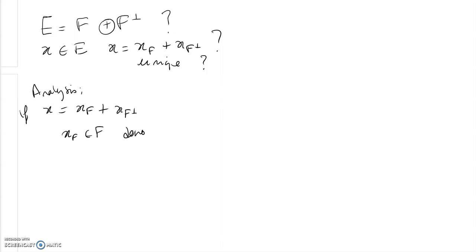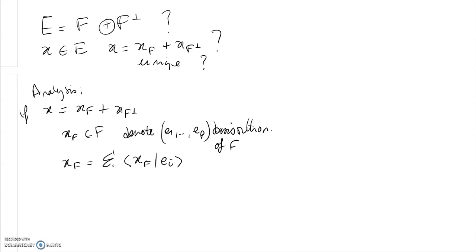Let's denote e_1 up to e_p an orthonormal basis of F. Then x_F is written, as we know how to express an element of a linear space with respect to one of its orthonormal bases, as the sum of some components x_F,i times e_i, and we know that these components are given by this inner product, i equals 1 to p.